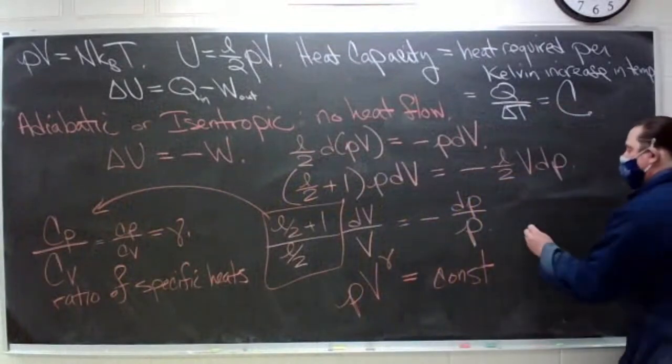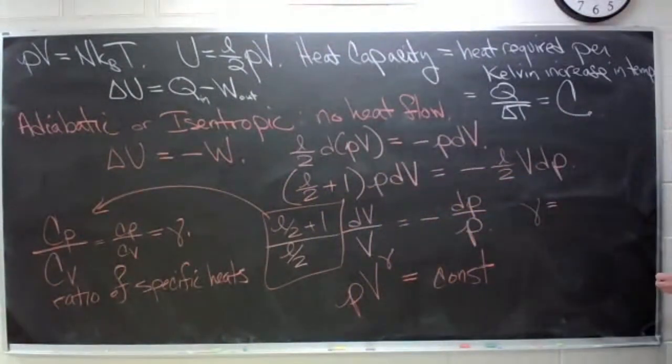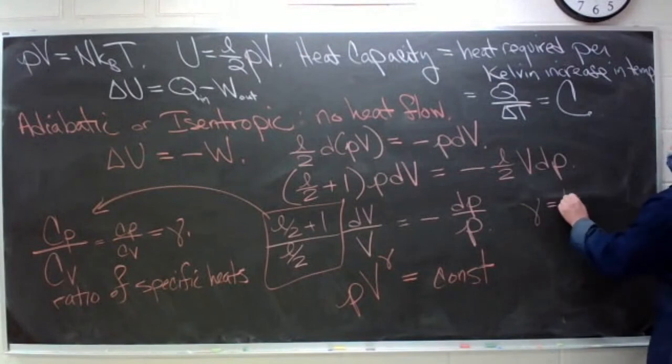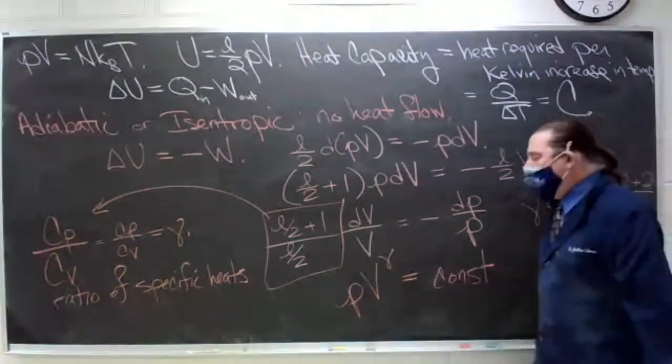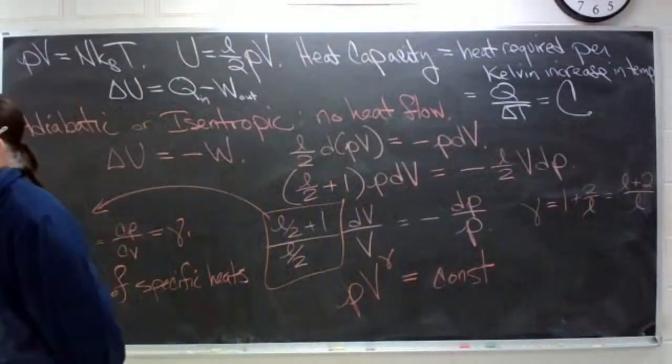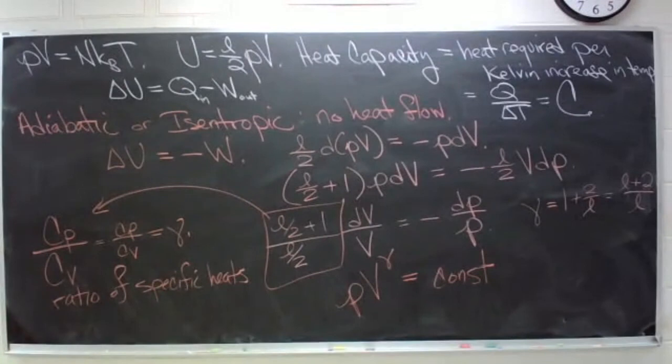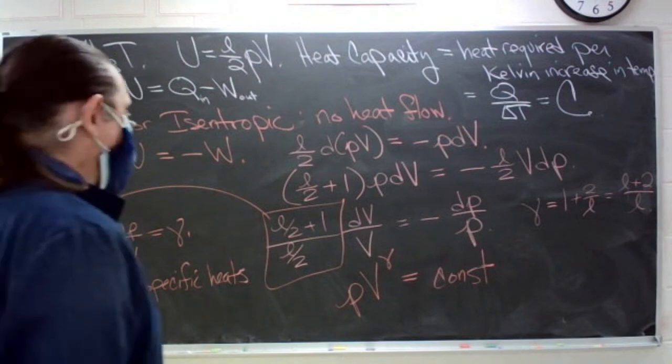Gamma, of course, is equal to one plus 2 over L, or L plus 2 over L. It's greater than 1.